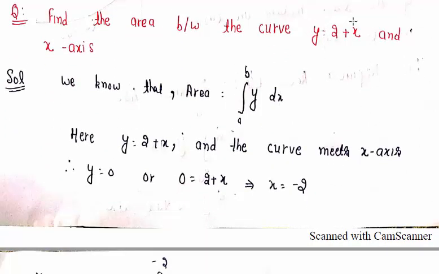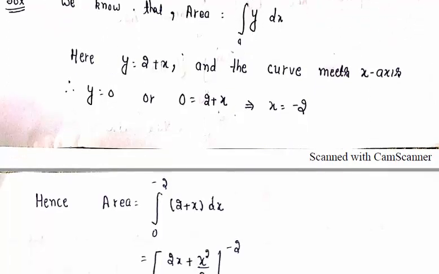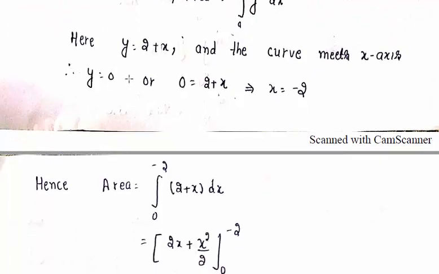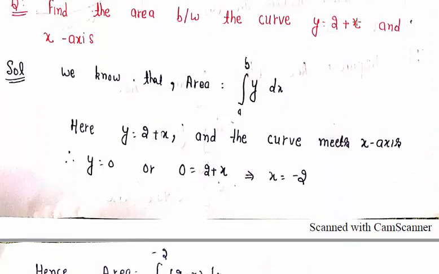Here, the value of y is 2 plus x and the limits are obtained by using the concept of the x-axis. We know that on the x-axis the value of y is 0. So, if y is 0, then 0 equals 2 plus x, so x equals minus 2. To find the limits for integration, we use this concept.